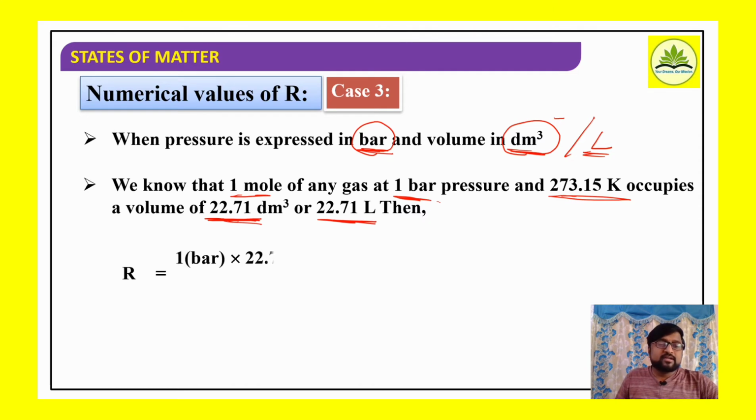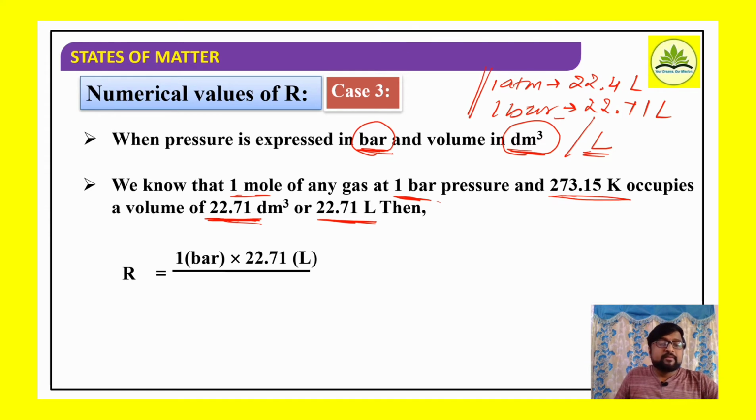Remember, at 1 atmospheric pressure, the corresponding volume is 22.4 liters. At 1 bar pressure, the corresponding volume will be 22.71 liters. Remember this.